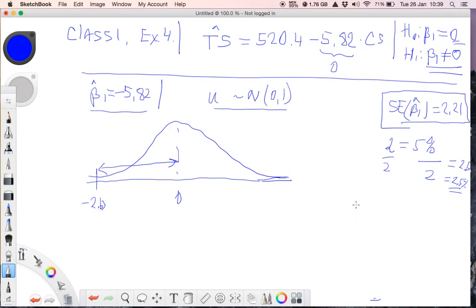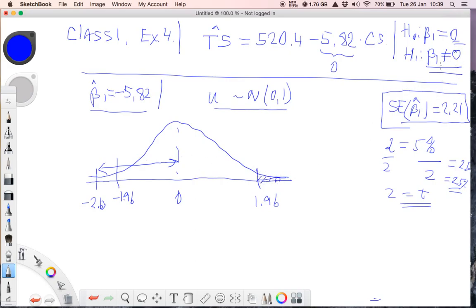Now, if you look up the t-table, you will see that in large samples, t is equal to z basically. T values are equal to z values in large samples. Let's assume that is the case. In that case, at the 5% level, when we're looking at two-sided hypothesis testing, the critical values from the t-table are 1.96 and minus 1.96, because we have two tails, because we are looking at the non-directional test.